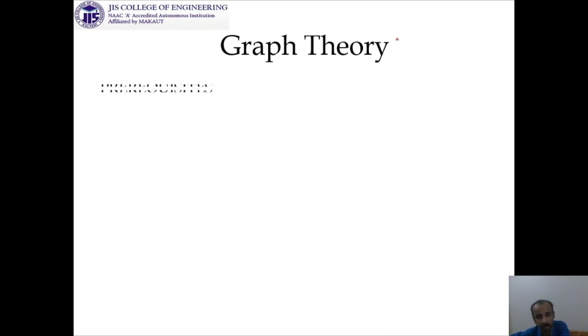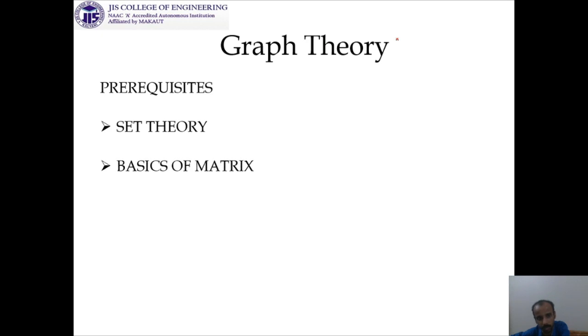Let us start. What are the prerequisites of our topic? It is nothing but set theory, which is a very basic part of mathematics, and we know that we have this discussion from class 11, 12 or sometimes some previous classes, and set theory is a very interesting and very simple thing in mathematics.